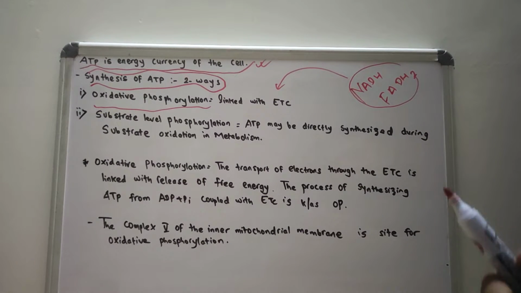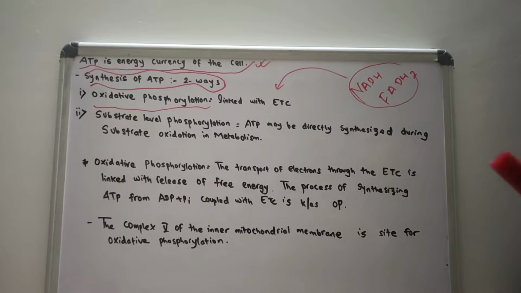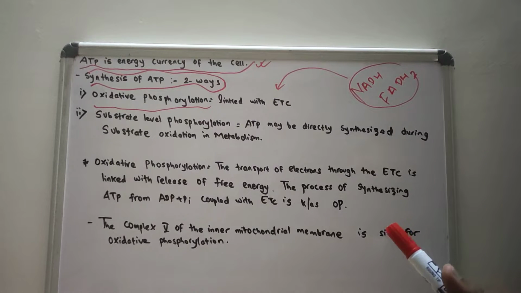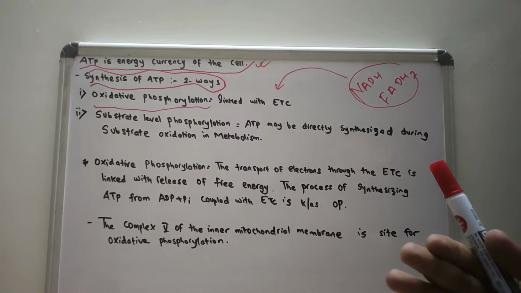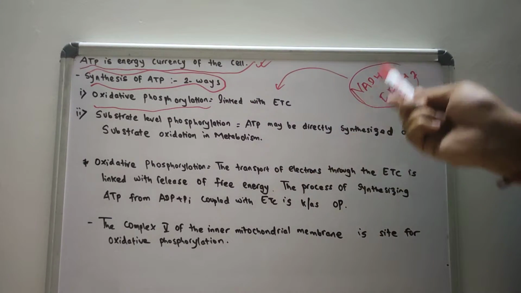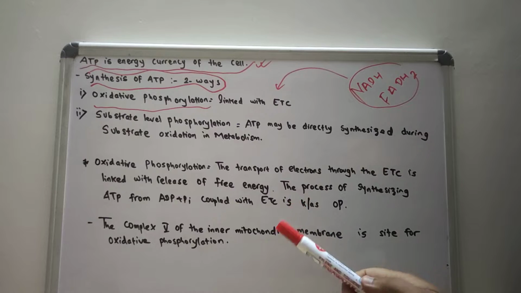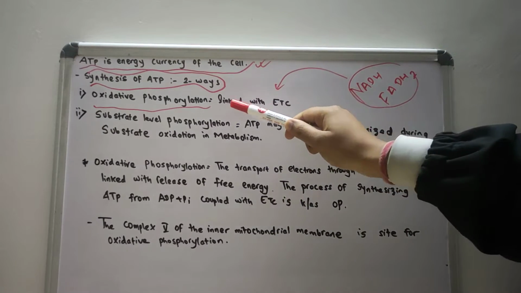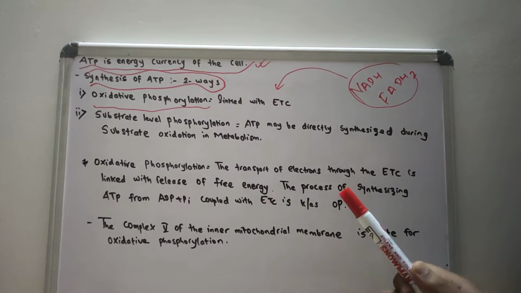I will discuss the electron transport chain and its complexes in detail in another video. But in this video, I want to describe that the synthesis of ATP through oxidative phosphorylation means the generation of ATP linked with the electron transport chain.